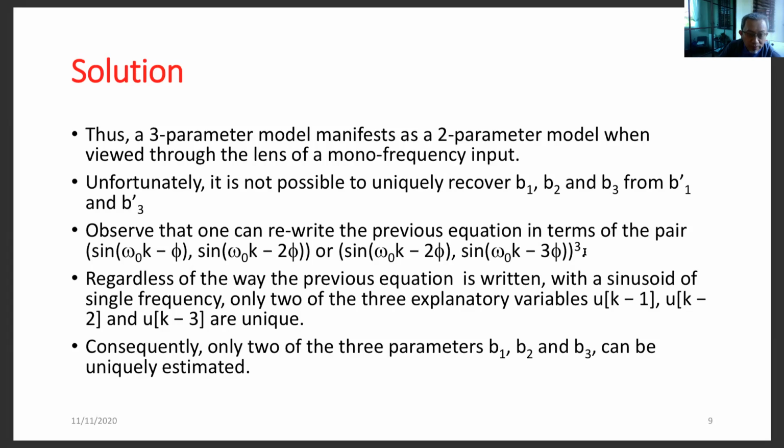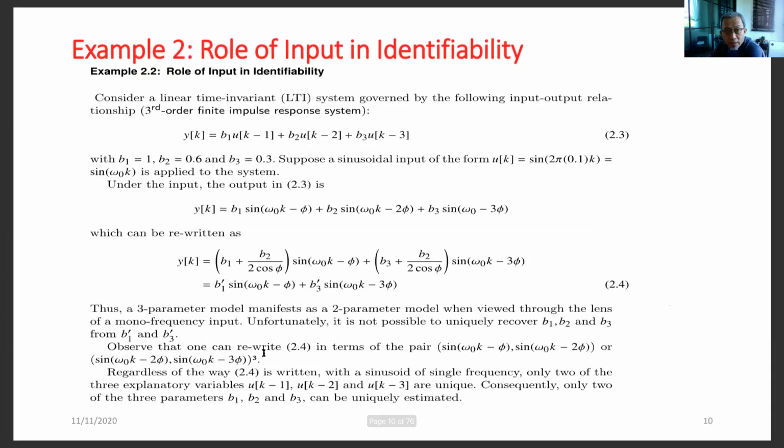So it's a matter of simplification. As long as we open the simplification, you can get the equation back. The important thing is that the parameters b1, b2, and b3 can be estimated uniquely. For further details, you can refer to example 2 in the book chapter attached in the WhatsApp.